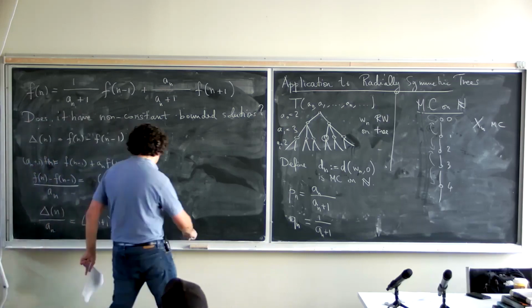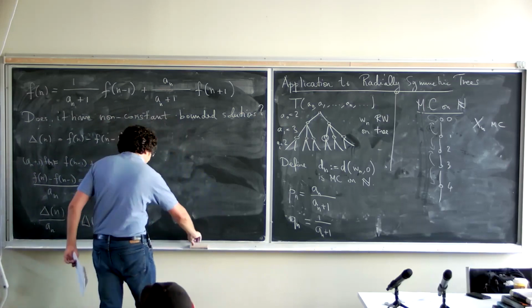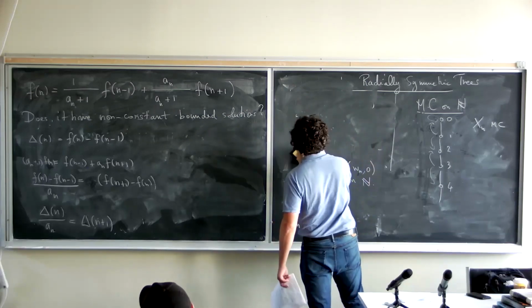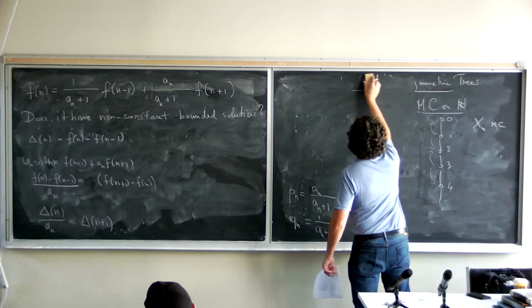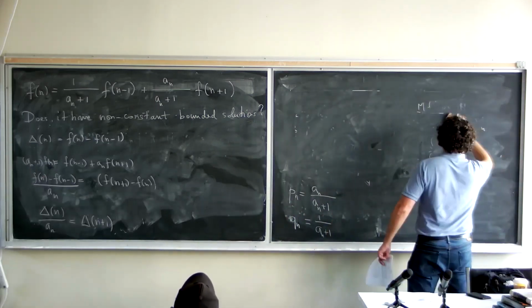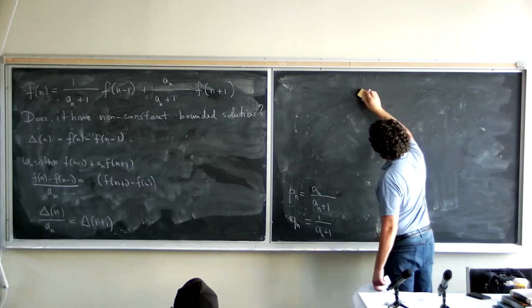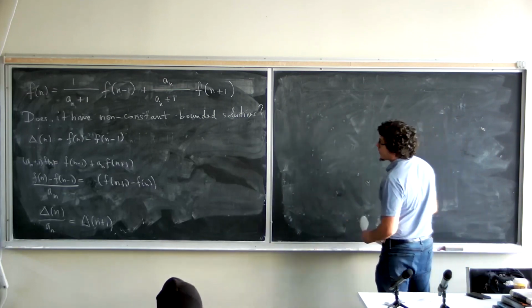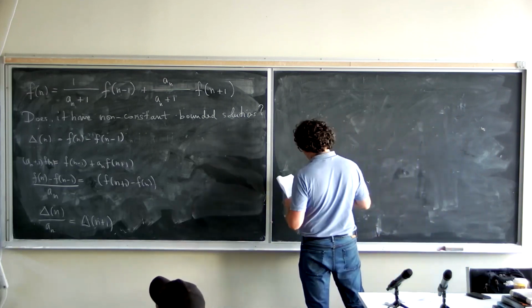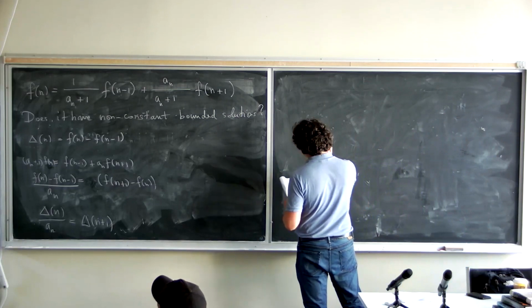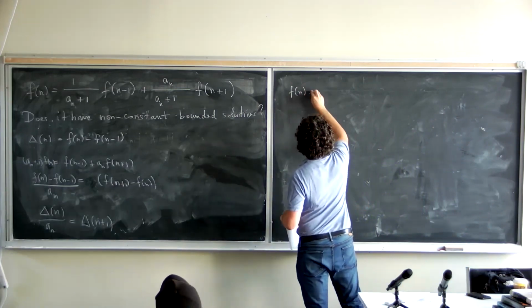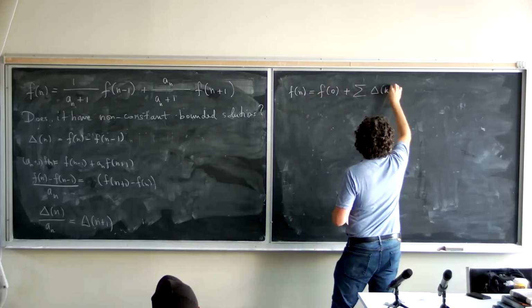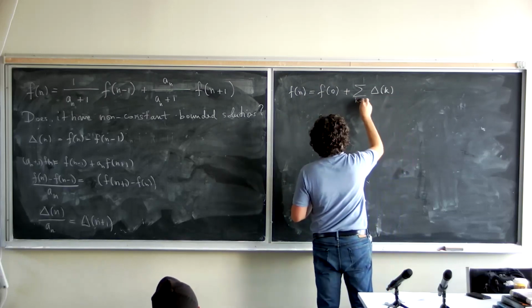So that's not so complicated. And so we can write finally the equation here. The equation is like this. So what is f of n? Well, f of n is f of 0 plus the sum of delta k for k equals 1 to n.